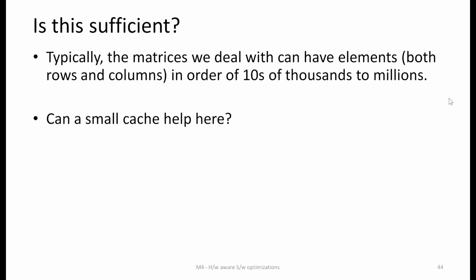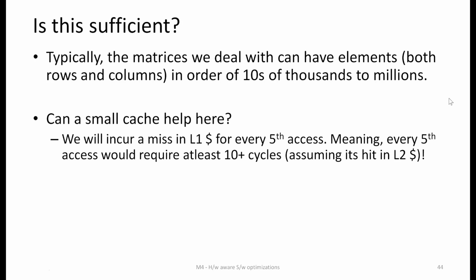What we have tried to exploit in the small cache is the spatial locality, like I have mentioned, and every fifth access to the cache will lead to a miss, which might typically lead to 10 plus cycles of stalls in the pipeline. Now, because we already got the 4 elements in the cache, the question is, can we use them better?